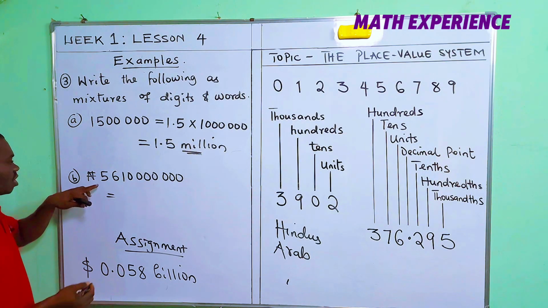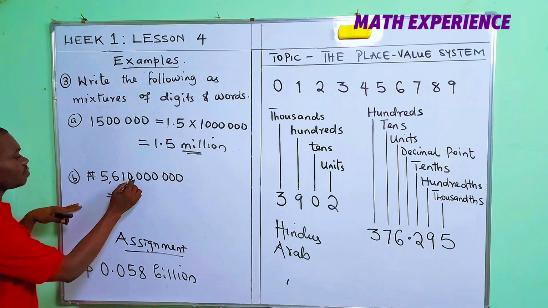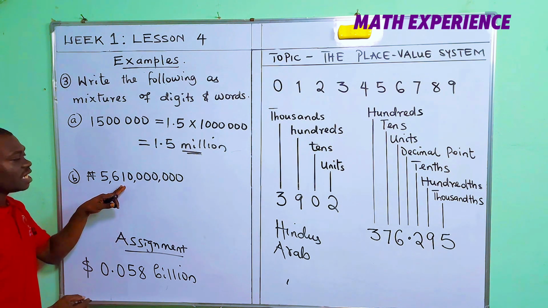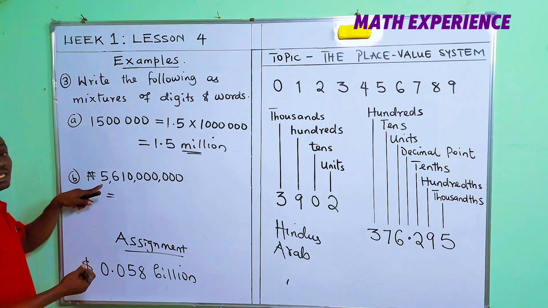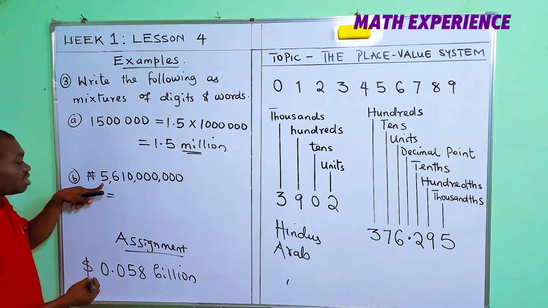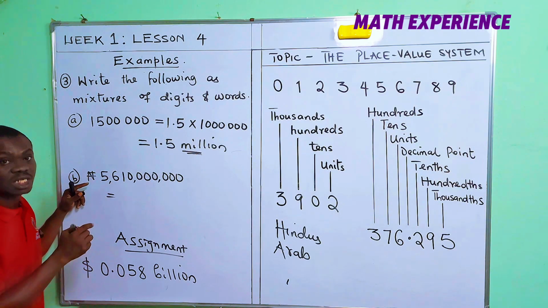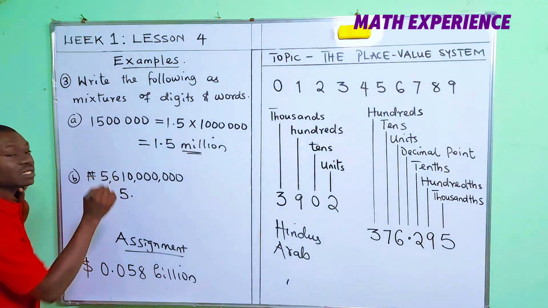So this is going to give us, after you check, read it first. This is 5,610,000,000. Okay. So since it is unit billion, after the first digit, you put your decimal point. So this is going to be 5 point.